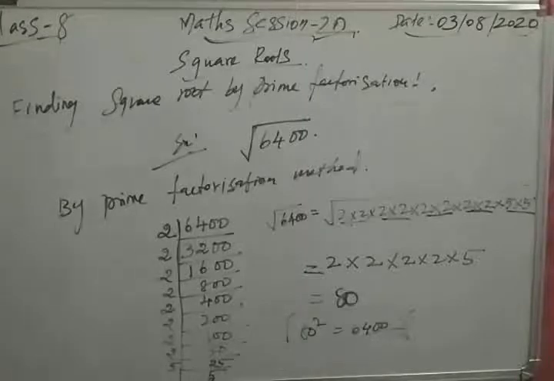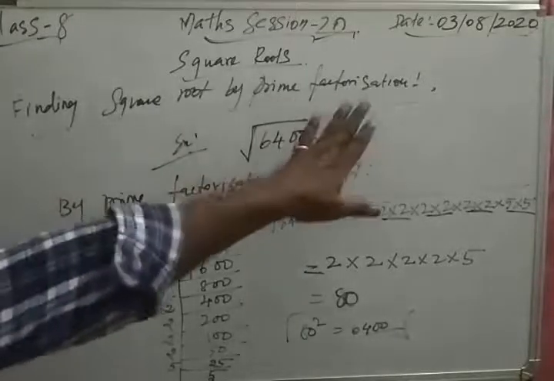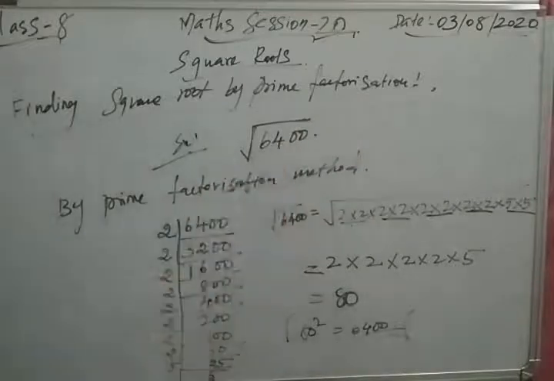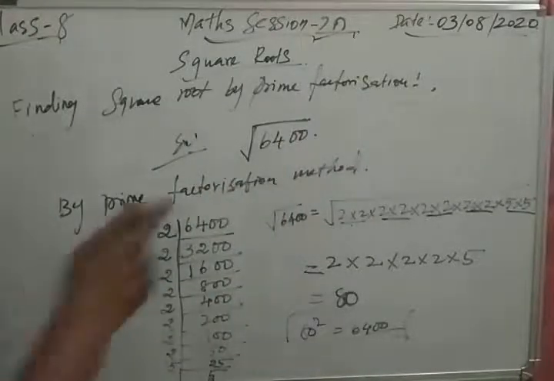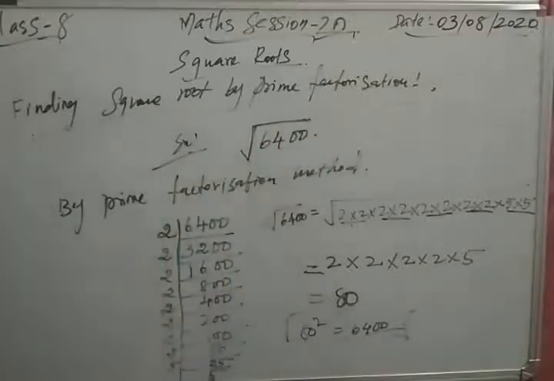Understood how we have done? Finding square root by prime factorization. I have taken one question, 6,400. Square root means the value should be like this, the drawing. Then by the prime factorization method, we first use only the prime numbers to factorize.